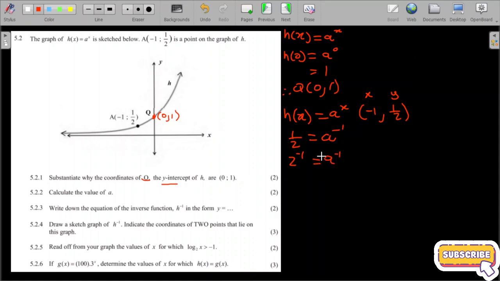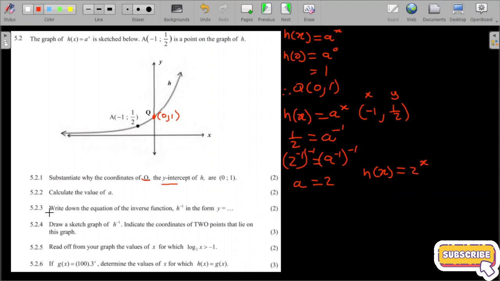So getting rid of this negative, with this -1 as an exponent and also on this side, -1 as an exponent, this becomes positive and I'm left with a, so a is going to be 2. So my a is 2 here.